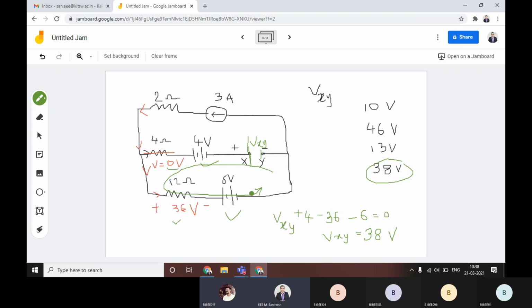In case of voltage, it is always like a battery. For that reason, we directly applied. Usually, whenever you are telling, it is absolutely correct. In a loop only, in a closed path only, you can apply the KVL. But here we are assuming the closed path for finding the value of Vxy.